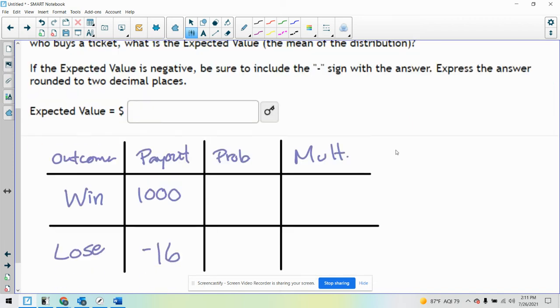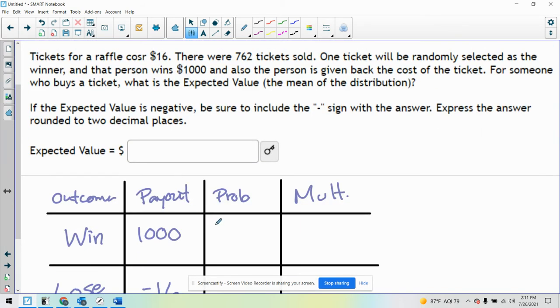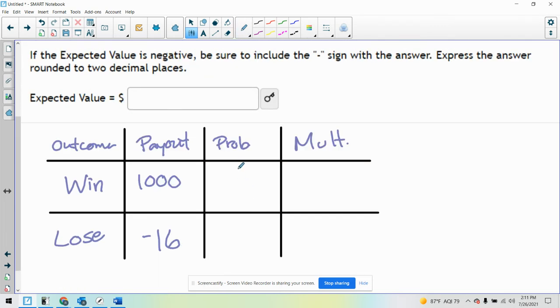So the probability that you win, there's 762 tickets. So the chance that you have the winning ticket is 1 over 762, which means the probability you lose is 761 over 762. Now we'll just multiply. This is going to be 1,000 over 762.